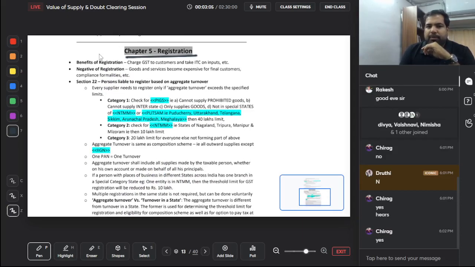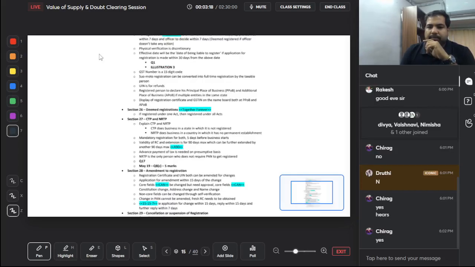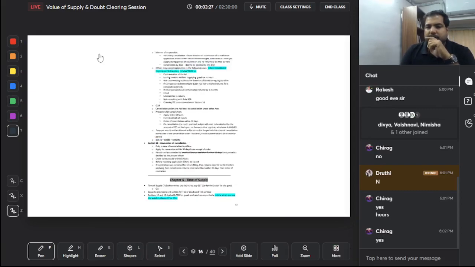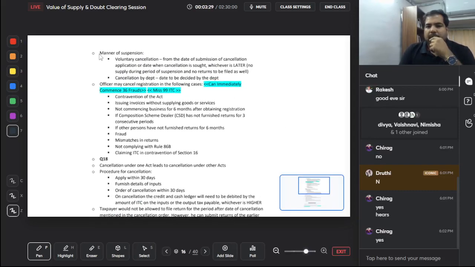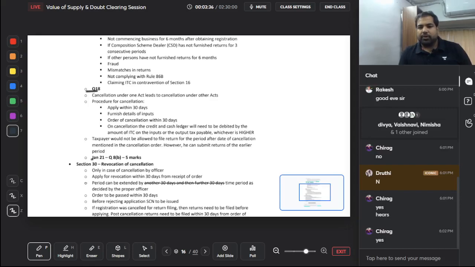Registration chapter, section 22, then of course section 23, then section 24, compulsory registration, then section 25, registration process, 26 together, 27, 28, 29, all the shortcuts which we discussed are all here. Can, immediately, comments, 36, frauds, all these shortcuts are here with links to the module questions.